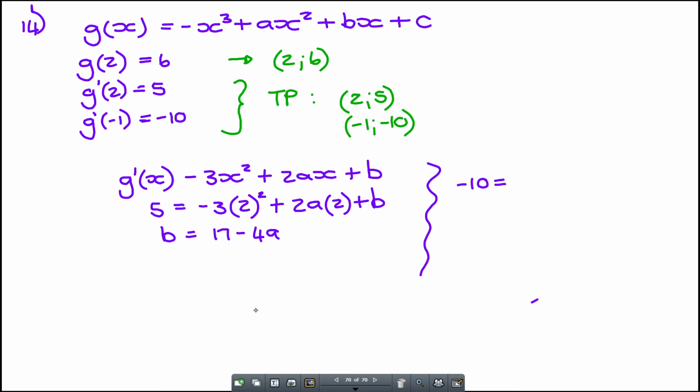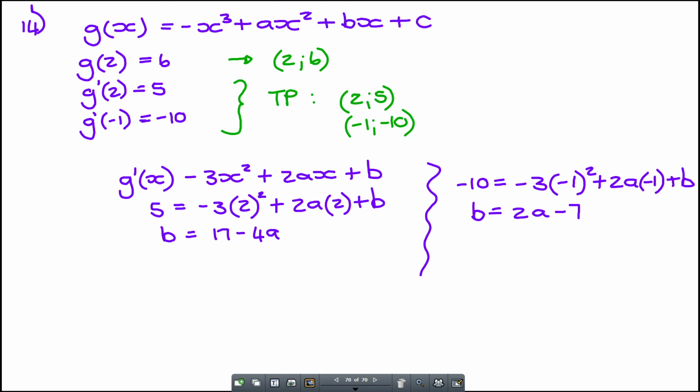Nee? Okay, goed. So minus 10 is equal to minus 3, and then instead of x, minus 1 squared, plus 2a, x is minus 1, and then plus b. Okay, so if I simplify that, I get b is equal to 2a minus 7.